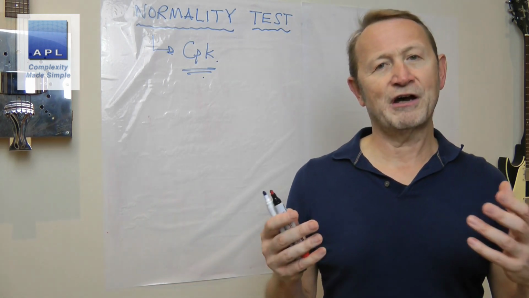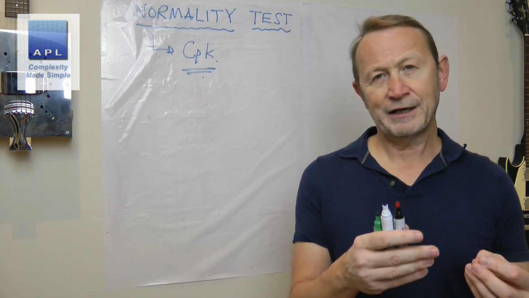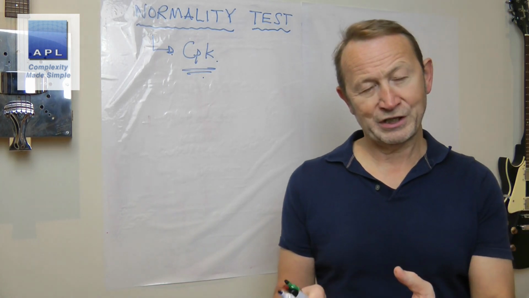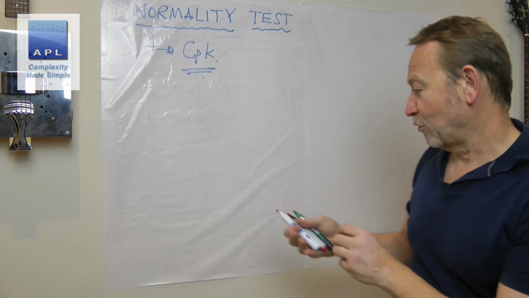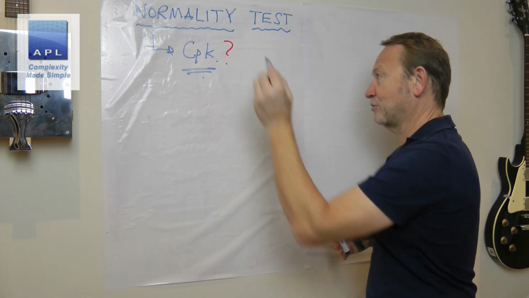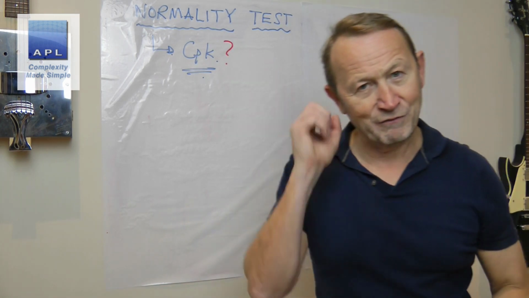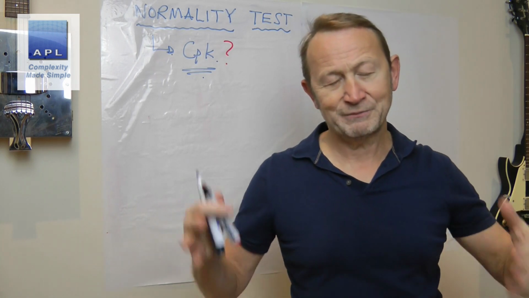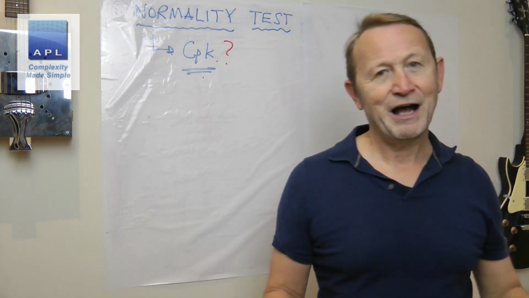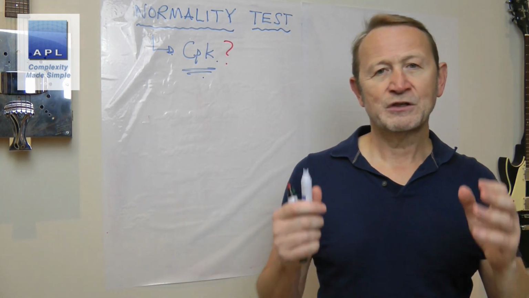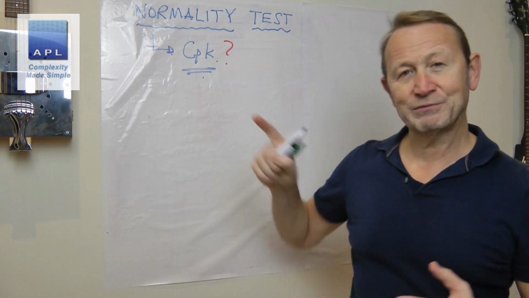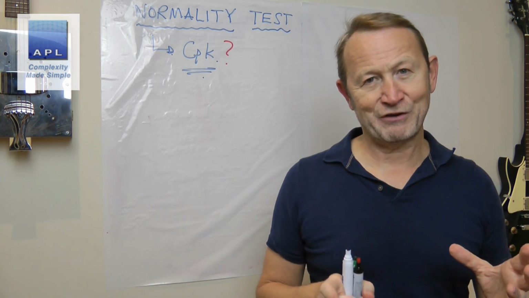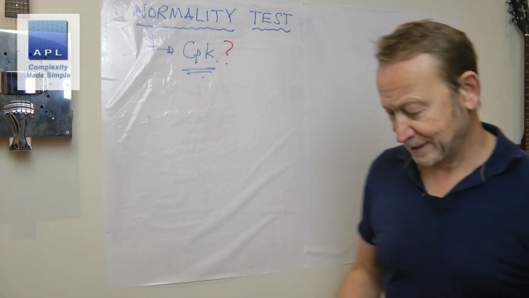The site have looked at the data from a molding process, and it's not normal, and therefore they've said, well, because it's not normal, your CPK values are no longer valid, yada yada. So we're going to take a look at, is it really necessary? Is this important?